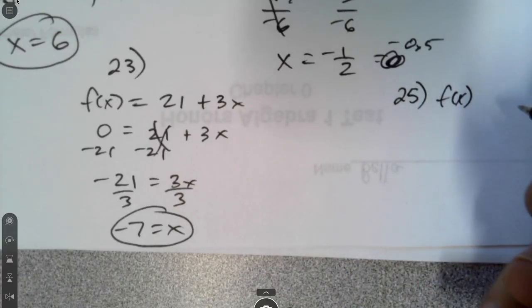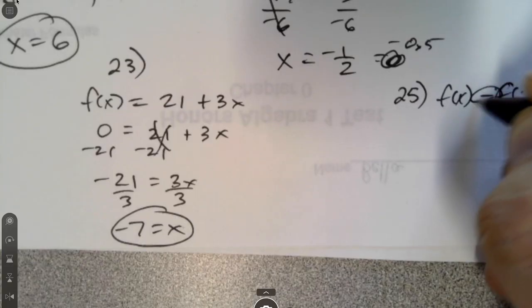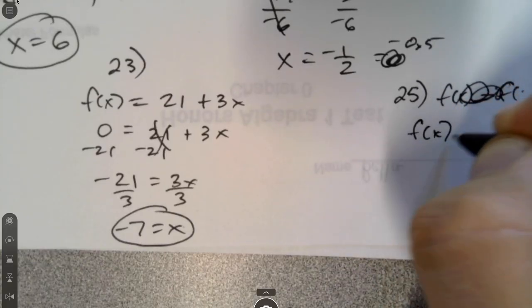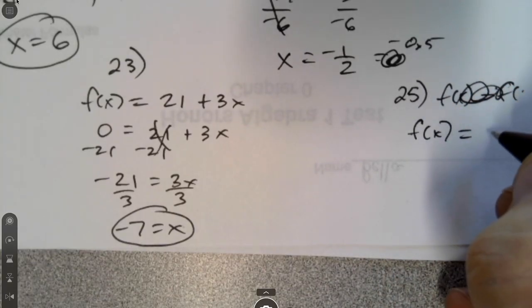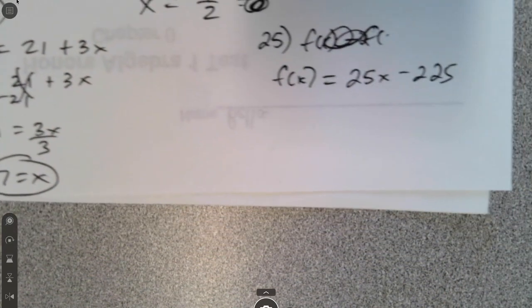Last one in this section, 25, f of x equals, oops, if I write it correctly, 25x minus 225.